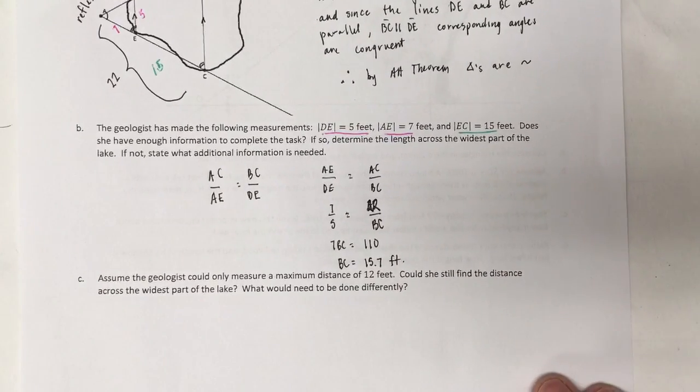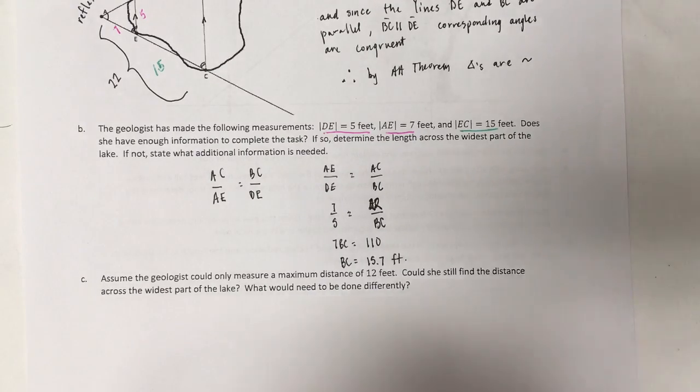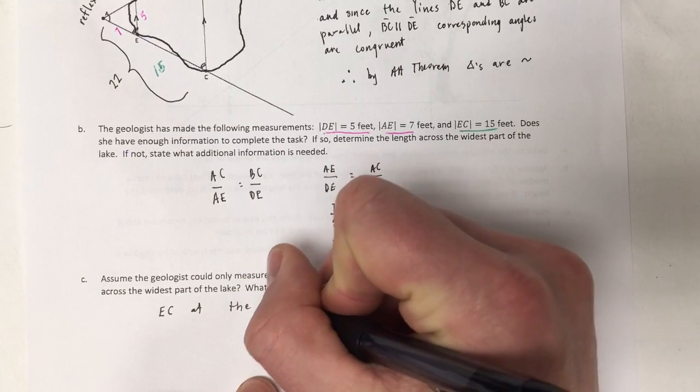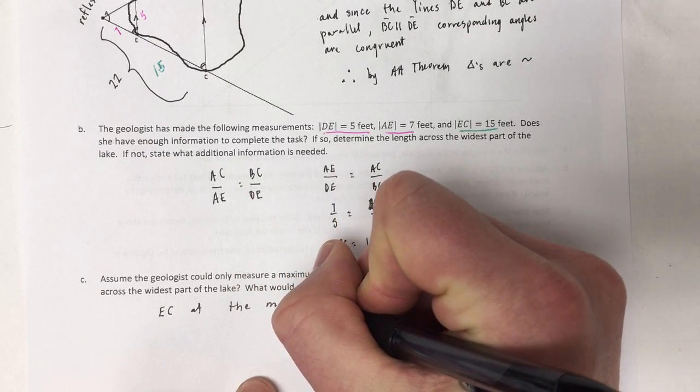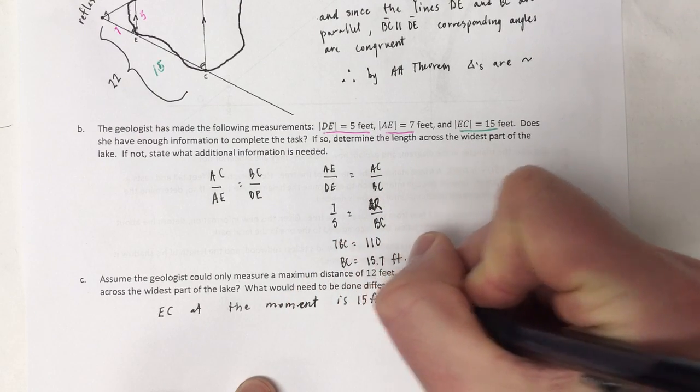All right. The next question is kind of interesting. It says, assume the geologist could only measure the maximum distance of 12 feet. Could she still find the distance across the widest part of the lake? A lot would depend on how you're able to set up your parallel lines. Obviously EC at the moment is 15 feet.